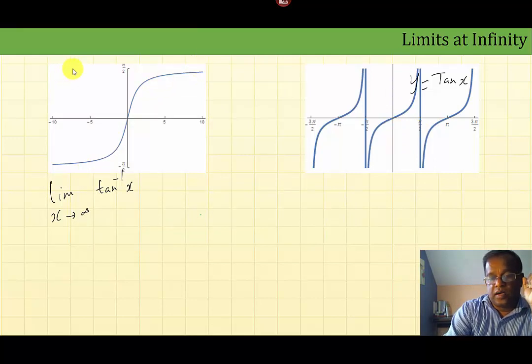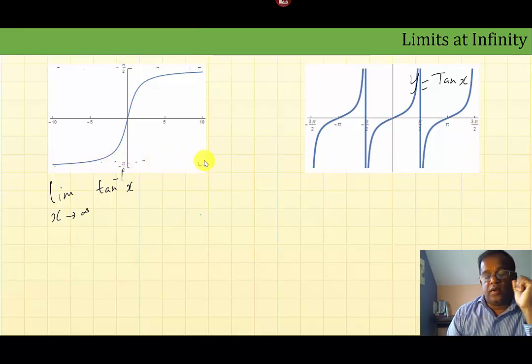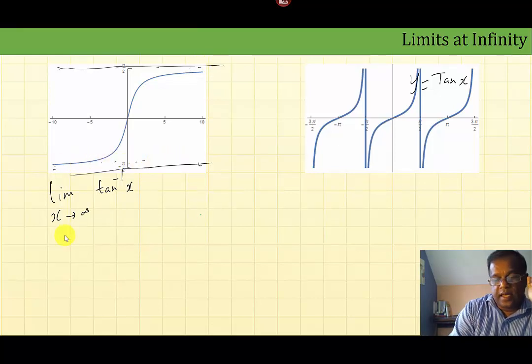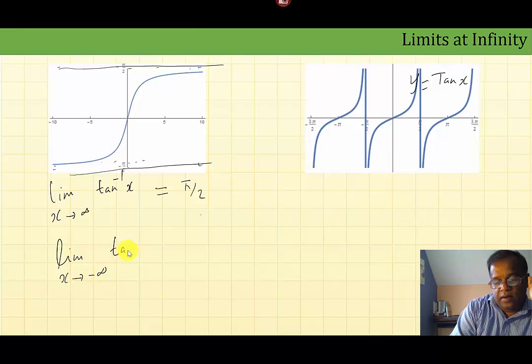It has horizontal asymptotes at pi over 2 and negative pi over 2. So that means as x approaches infinity, tan inverse x goes to pi over 2, and as x approaches negative infinity, tan inverse x approaches negative pi over 2.